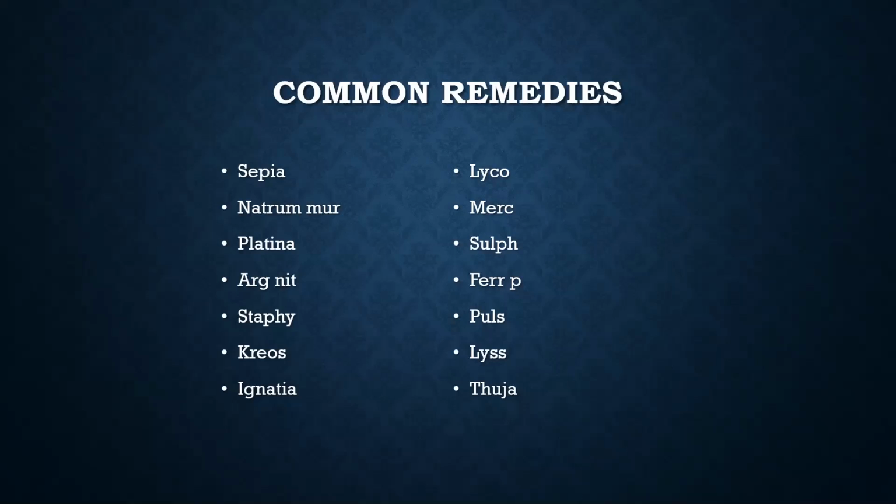Then we have Ignatia for managing sore pain in the vagina during intercourse. Ignatia is very helpful, and we have a heated kind of sensation in the vagina. Lycopodium can be given to patients when they come up with burning in the vagina during coition, plus vaginal dryness.